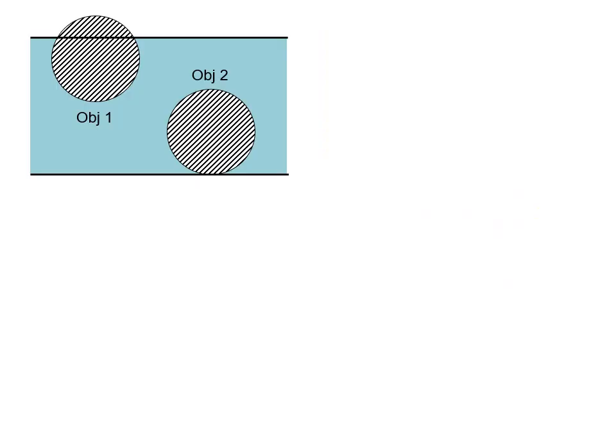So let's take a look at some important features about a couple different objects. Okay, so here's an object, so we'll start with object 1. For object 1, it is buoyant, so it is able to float on the top of the fluid, and it has a buoyant force which is equal to the density of the fluid times the volume that's been displaced.